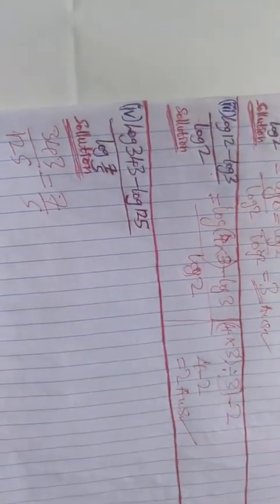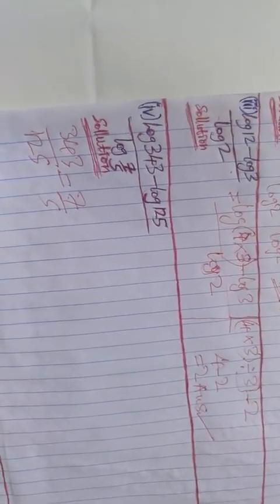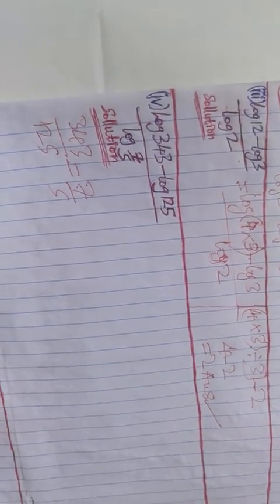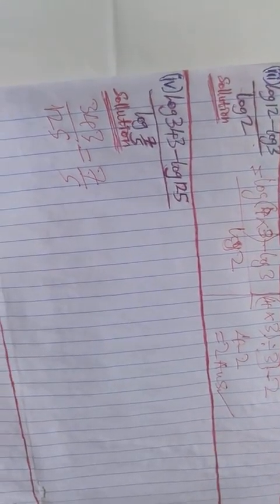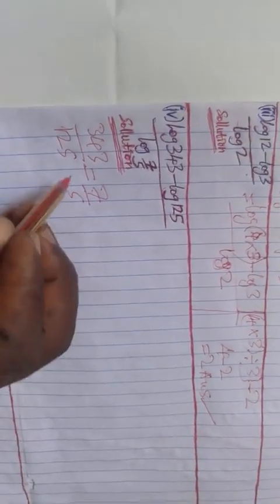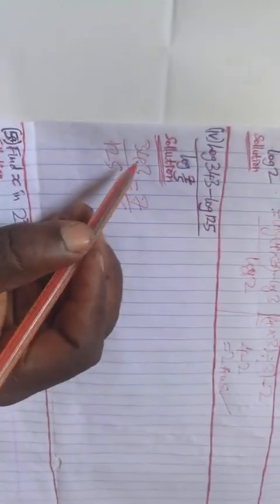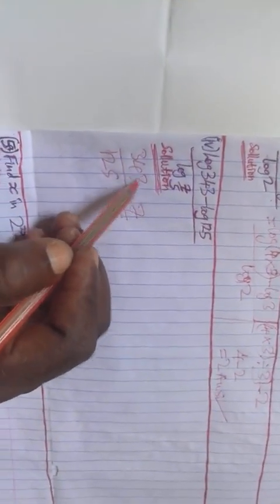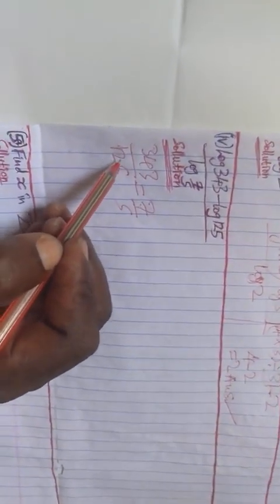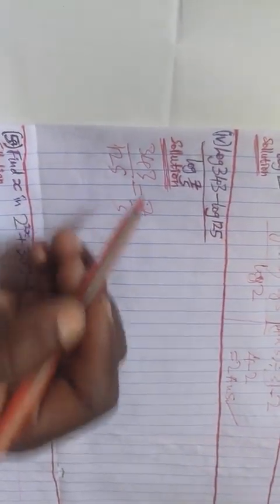Hence, let us find which power 7 over 5 will give us 343 divided by 125.